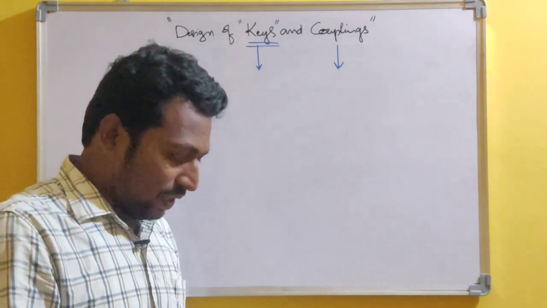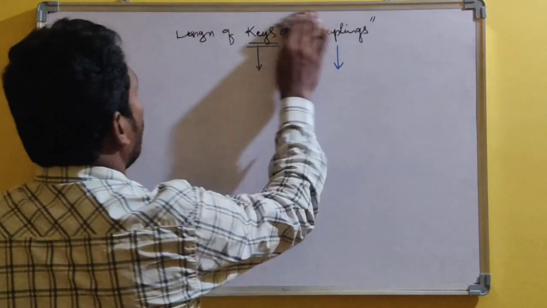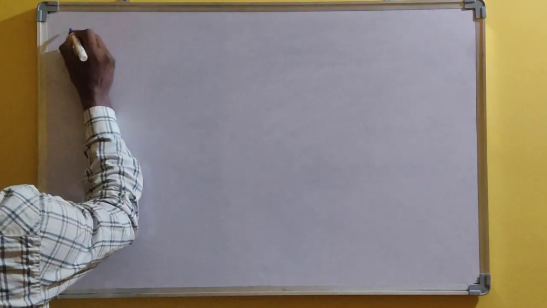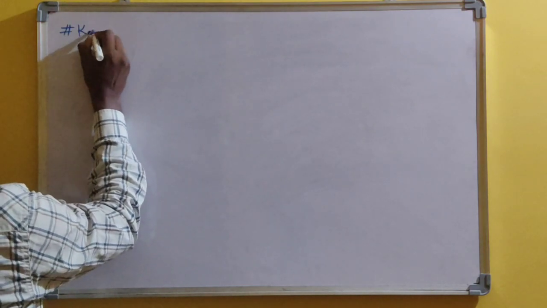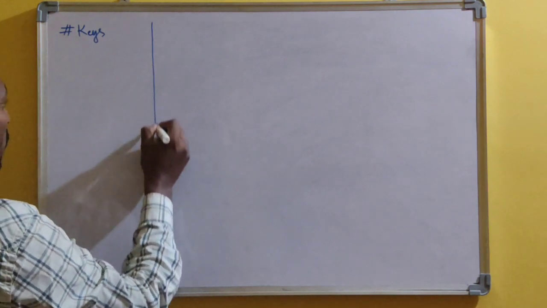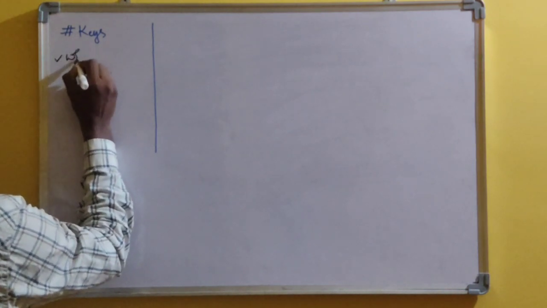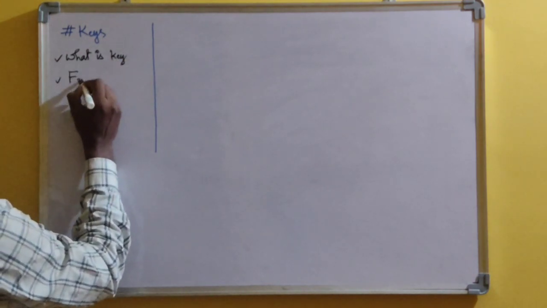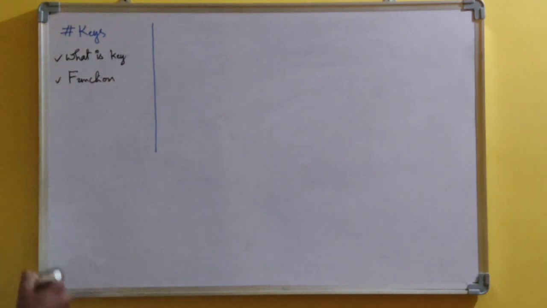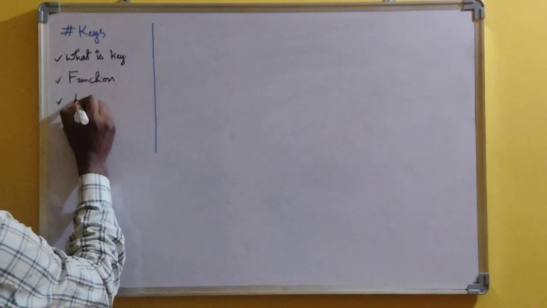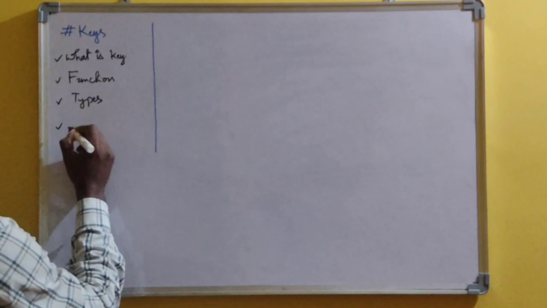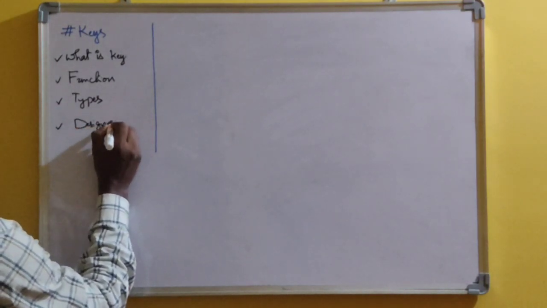In case of keys, the important topics to be covered here are: what is a key, what is the main function of the key, the different types of keys, and the next one is the design of key.